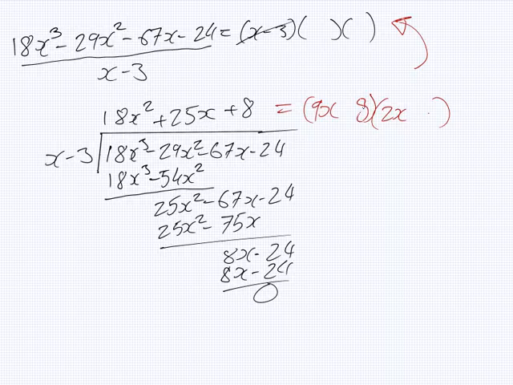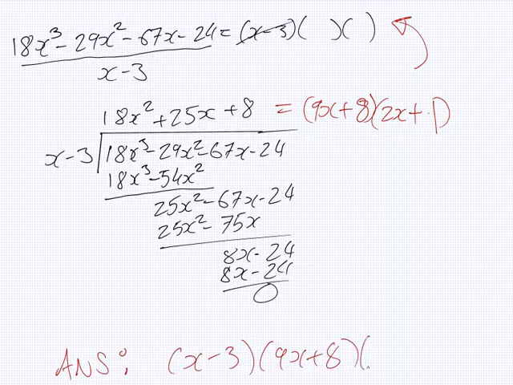Oh, this could make 16 in the middle and 9 on the outside, which is 25. Great. So there are the two factors there. So the answer is x minus 3 multiplied by 9x plus 8 multiplied by 2x plus 1.